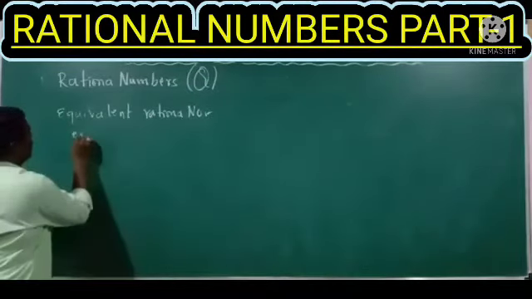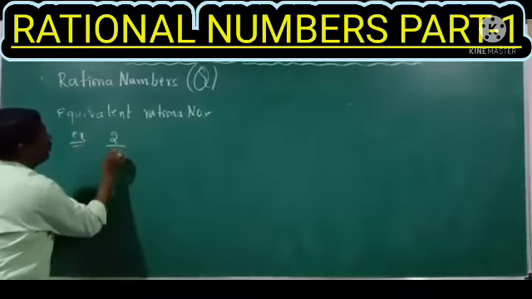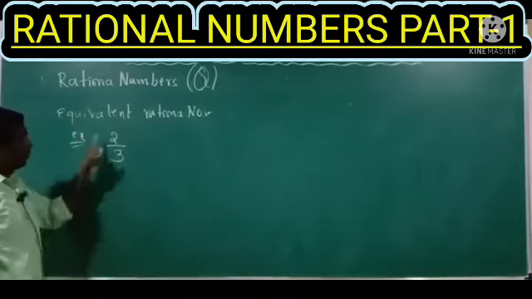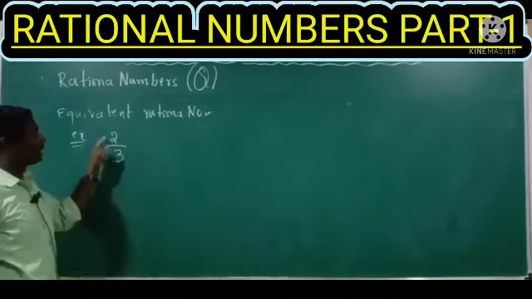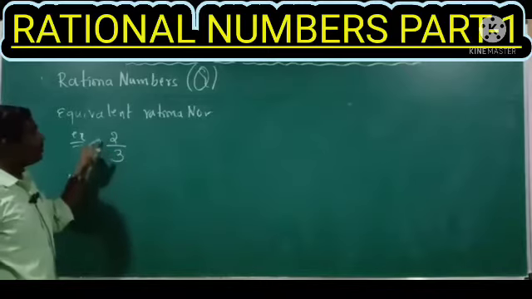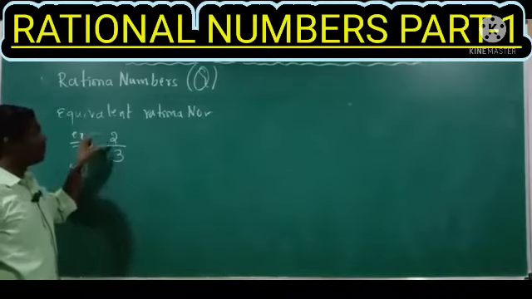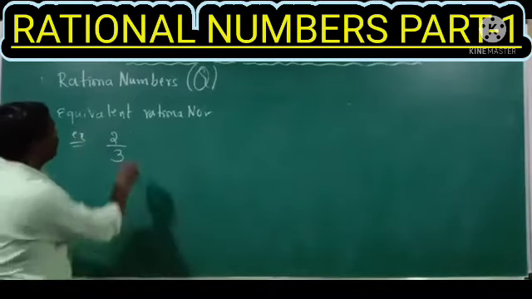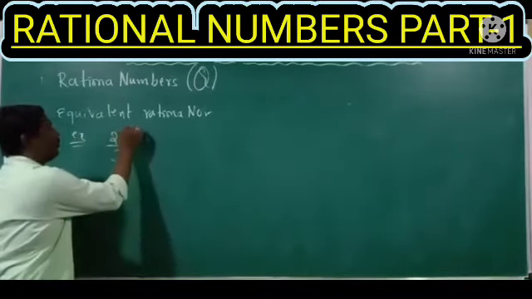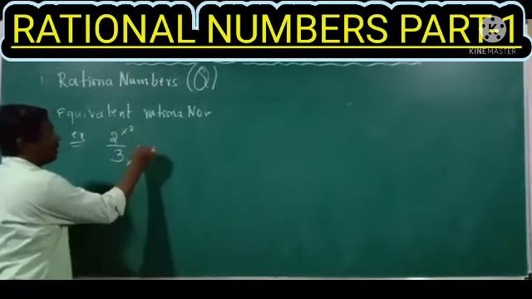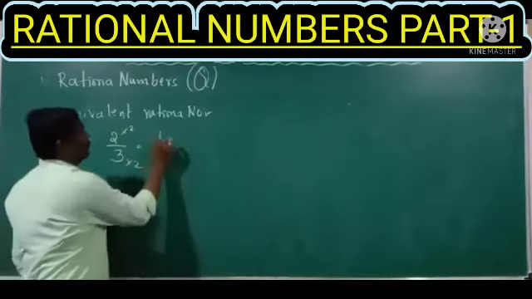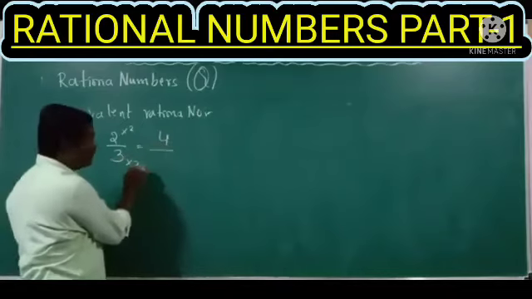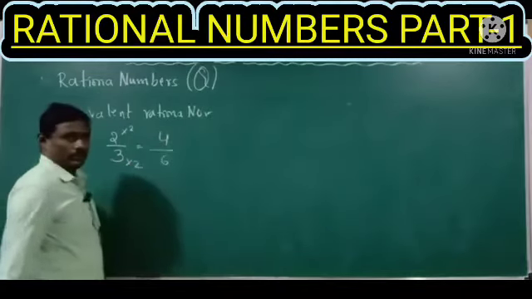For example, 2 by 3. 2 by 3 is a form of rational number because it is in the form of p by q. So 2 by 3 is an example for a rational number. If I multiply 2 for both numerator and denominator, what will I get here? 2 2s are 4 and 3 2s are 6.